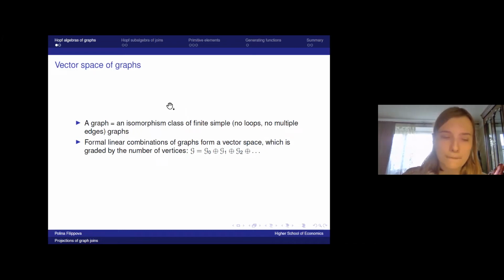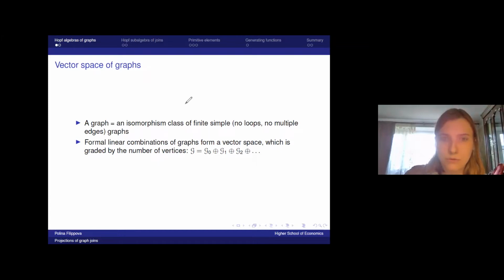All the graphs form a basis of vectors of an infinite vector space. We will say that a graph is an isomorphism class of finite simple graphs. So there are no loops, no multiple edges, but the graphs may be disconnected.